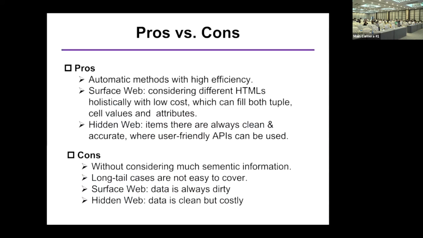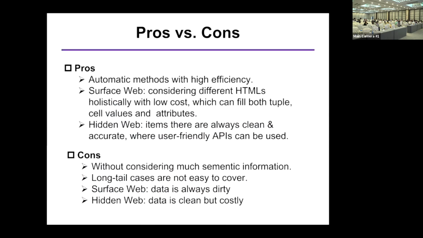So let's see the pros and cons of the discovery from the web. The pros are that they are automatic methods with high efficiency. Concretely, the surface web considers different HTMLs holistically with low cost, which can fill both tuples, cell values, and attributes.